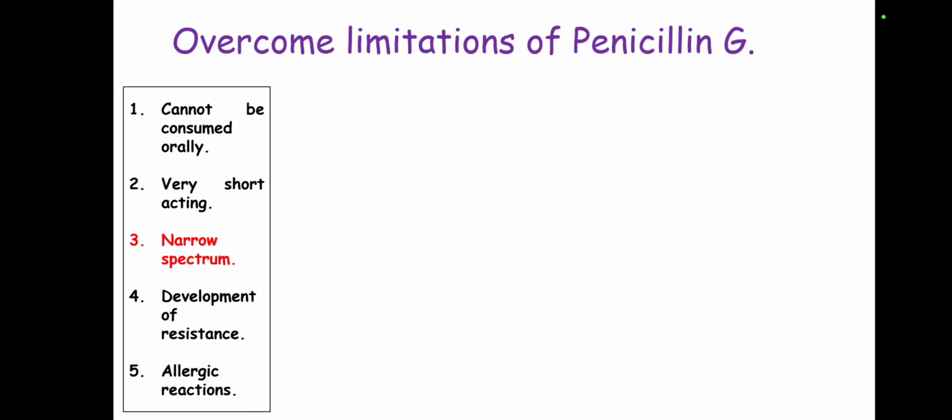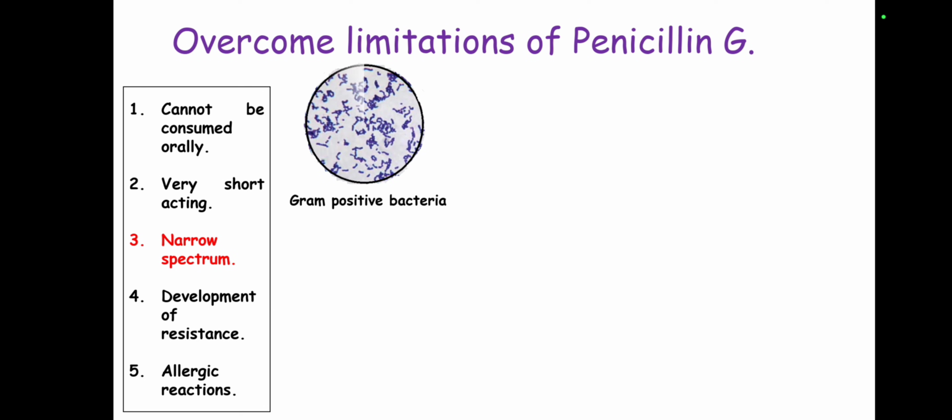Now coming to the third problem, okay, that is narrow spectrum. First of all we'll discuss the spectrum of penicillins. Penicillin G is mainly effective against gram positive bacteria. Gram positive bacteria mainly include cocci like streptococcus and staphylococcus.